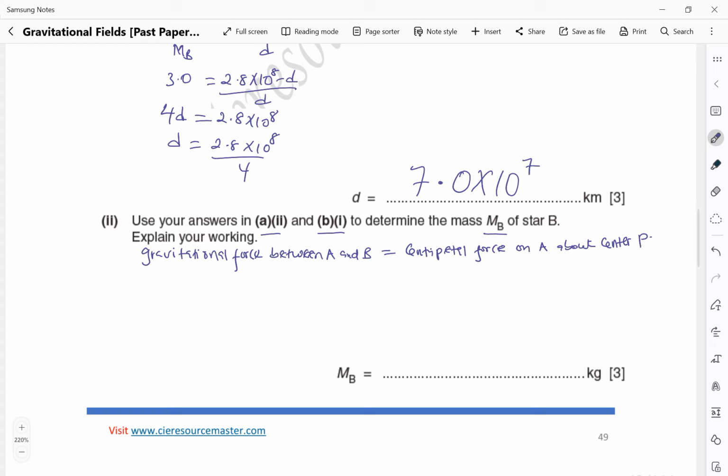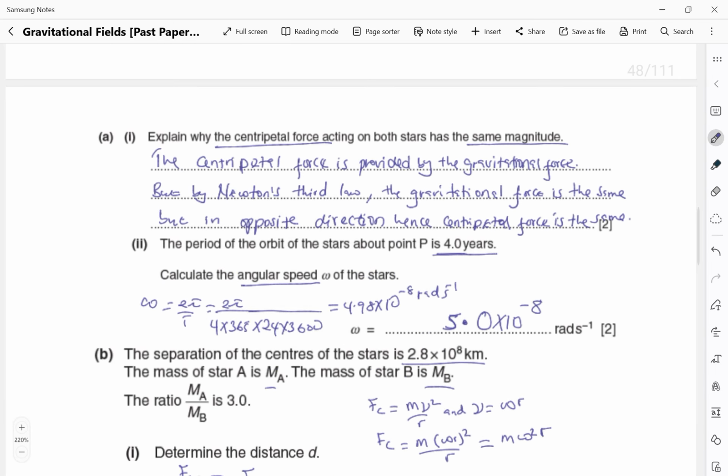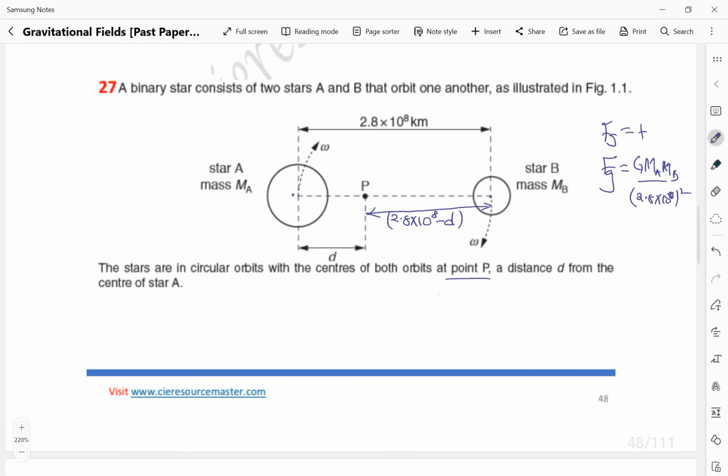And the gravitational force between A and B is equal to G times the mass of A times the mass of B, divided by the separation of the two centers squared, which is 2.8 times 10 to the power of 11. Now we're going to change this to kilograms, so I have to change this from kilometers to meters.